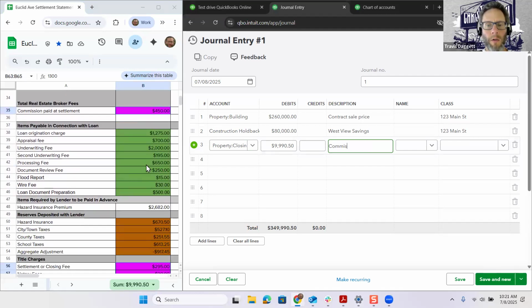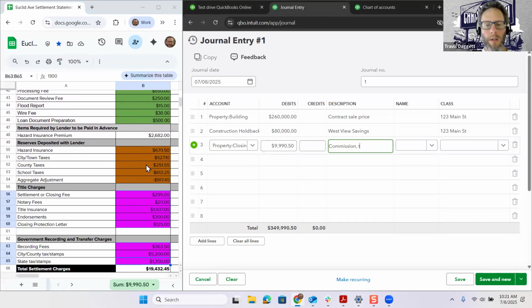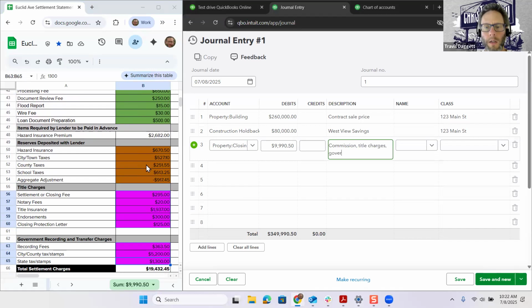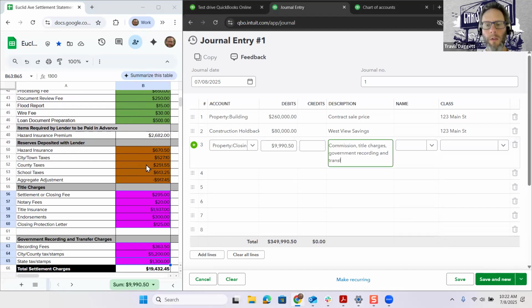Commission and title charges and government recording and transfer charges. Okay, directly associated with the property, yes, put in the class.